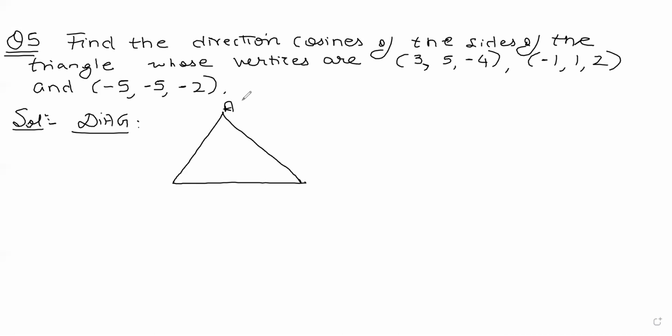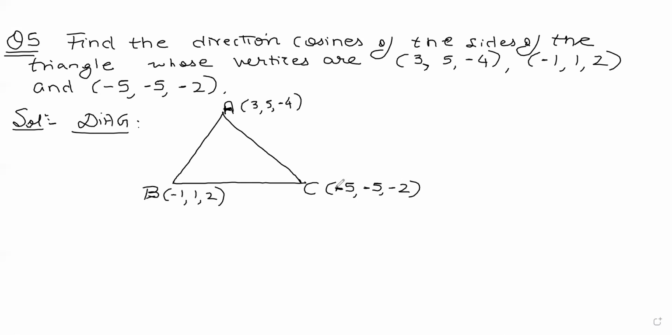Point A, which is 3, 5, minus 4. Okay, then we have point B, which is minus 1, 1, and 2. And then we have point C, which corresponds to minus 5, minus 5, minus 2. So this is my triangle ABC with the vertices as indicated in the diagram.